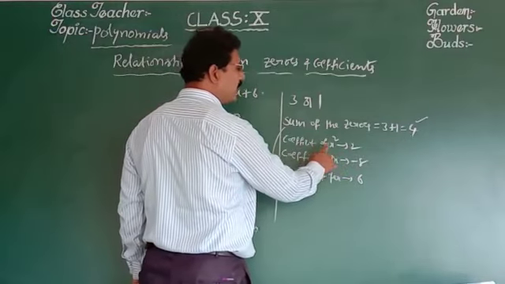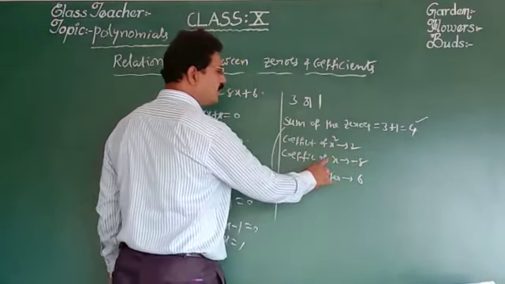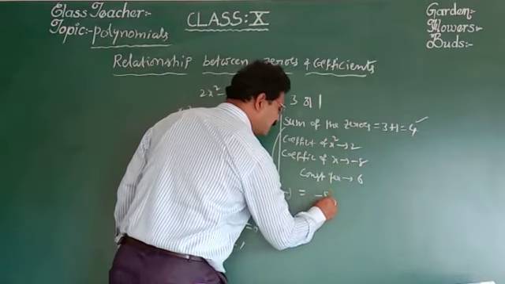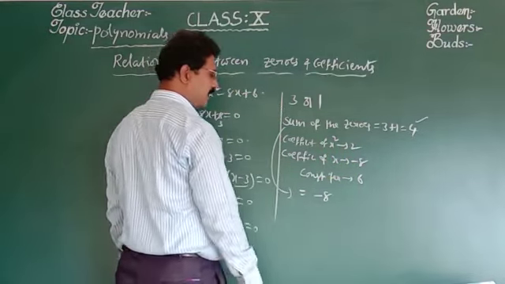What is the coefficient of x square here? 2. The coefficient of x is minus 8.